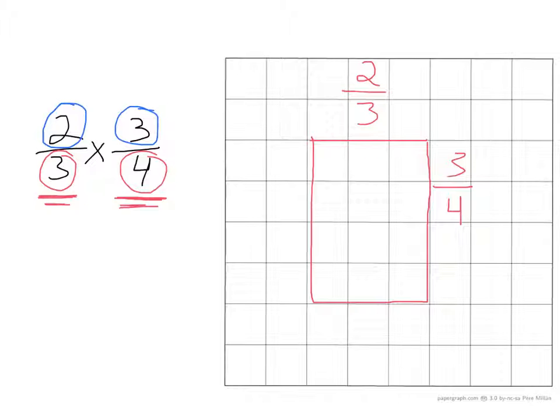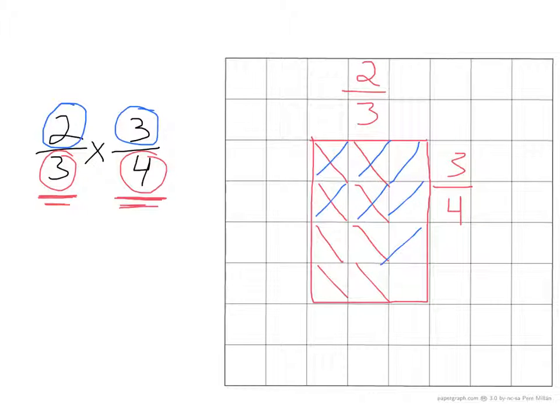So what I'm going to do is I'm going to draw a diagonal through the 2 columns that we're interested in, and I'm going to draw another diagonal through the 3 rows that we're interested in. Okay. So what ends up happening is I have some of the equal parts, some of the squares that have X's in them, some that just have hash marks, and then there's one that has nothing in it.